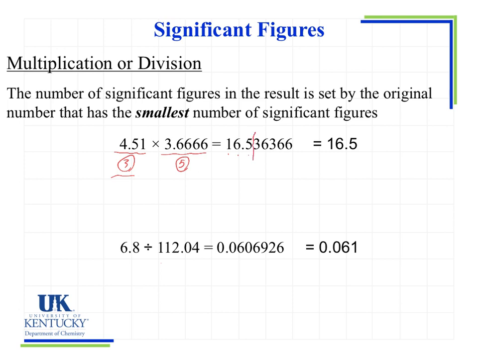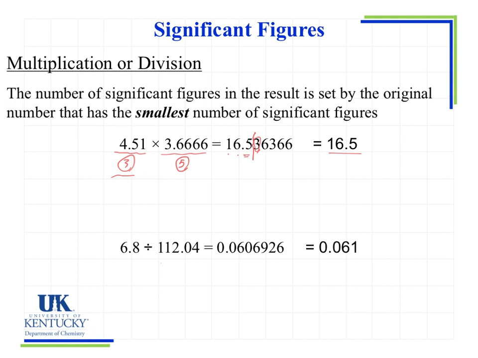You have to cut it from here. If the next number is 1, 2, 3, or 4, we round down and keep this number as 5. If it's 5 or higher, we round up. This is 3, so we have 16.5.